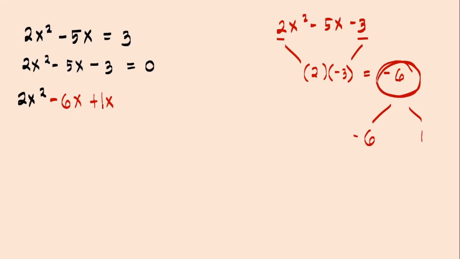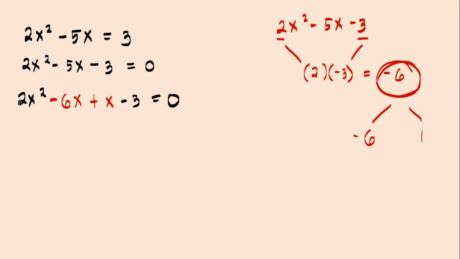But then kapag 1 naman yung kasama ng ating variable, kahit hindi na natin ilagay. Okay, then minus 3 is equal to 0. So same lang siya. So 2x squared minus 5x minus 3 ay tulad lang ng 2x squared minus 6x plus x minus 3. Okay, negative 6x plus x ay negative 5x lang din naman po.